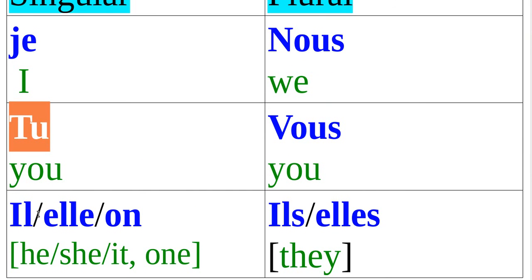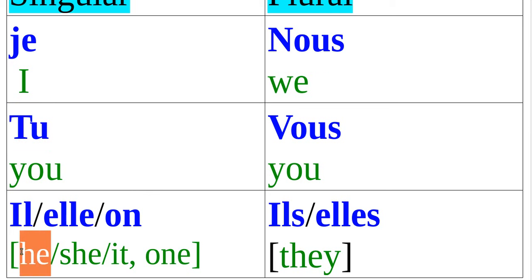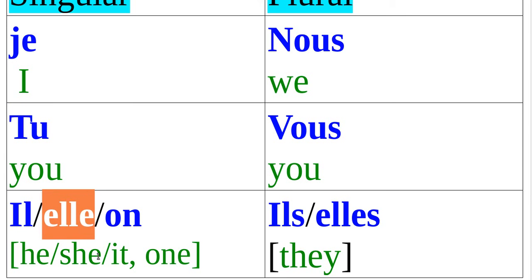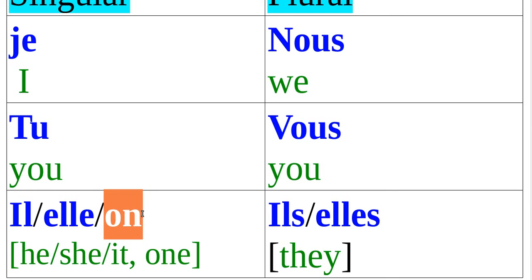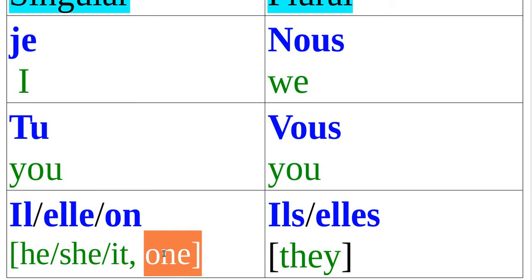Il means he. Elle means she. We have on, which can mean it or one.